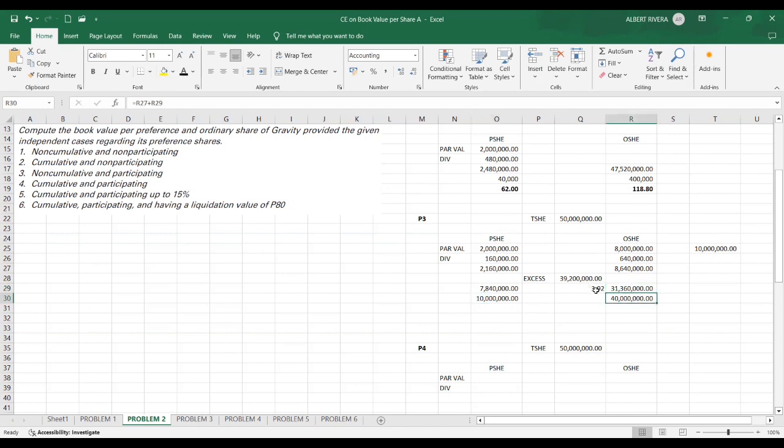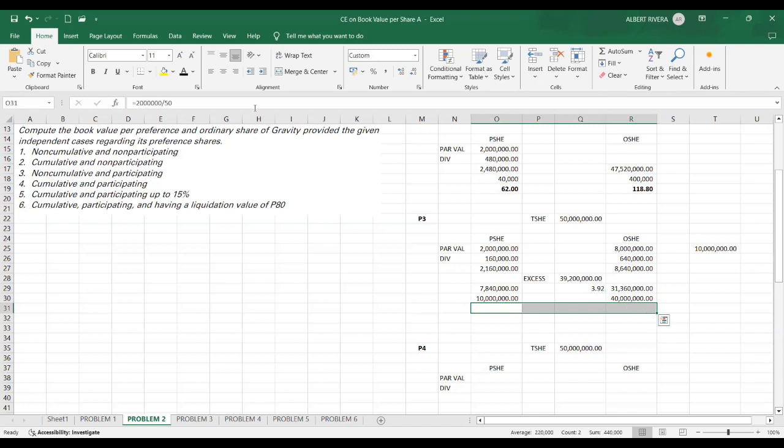Okay, so again, 3.92 times 2 million, that should be 7.84. 3.92 times 8 million, that should be 31.36 million. And the total would be 2.16 plus 7.84. This is 10 million. And this is 8.64 plus 31.36. This is 40 million.